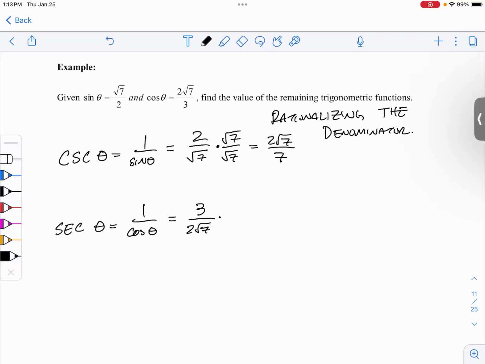Along those same lines, I need to rationalize this one as well, and I multiply by the same thing. This becomes 3 root 7 all over 2 times 7, which becomes 3 root 7 over 14. Now, conceptually, it is just the reciprocal. 3 over 2 root 7 is exactly the correct solution for secant of theta.